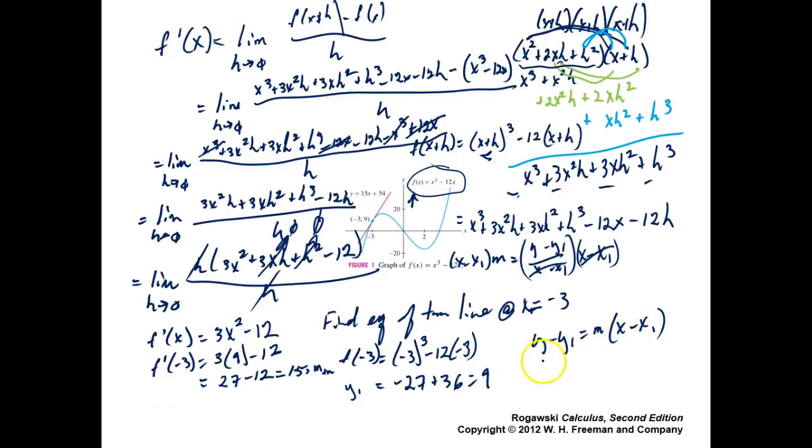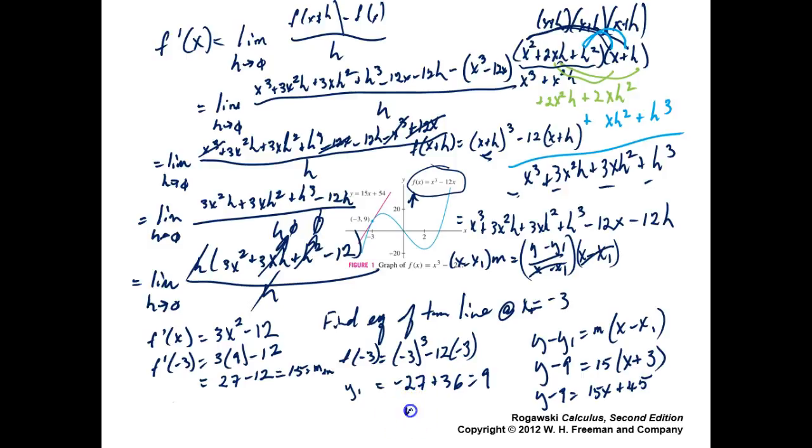And now you plug in. Y is a variable, don't change it, minus your y1 was 9 is equal to m. We calculate what m was, that was 15, times x minus, and the x1 was a -3, so that makes x plus 3. There's your equation of the tangent line. You can clean it up a little bit if you want to. Y minus 9 is equal to 15x plus 45.